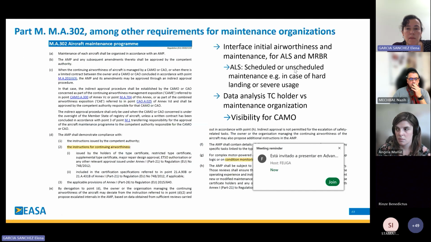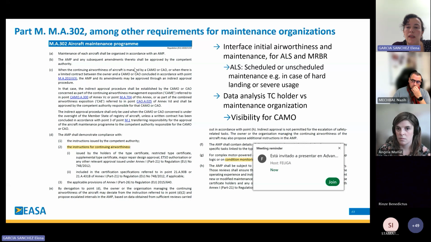Then there is another regulation we have, which is Part M, for maintenance organizations. This is another side of continued airworthiness, because there will be maintenance organizations that have to follow this process and have sufficient information.